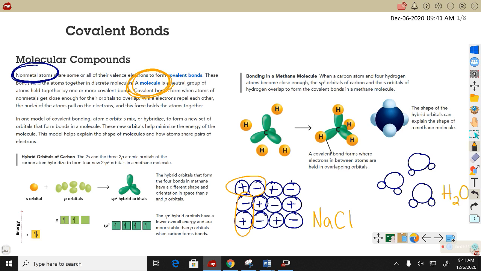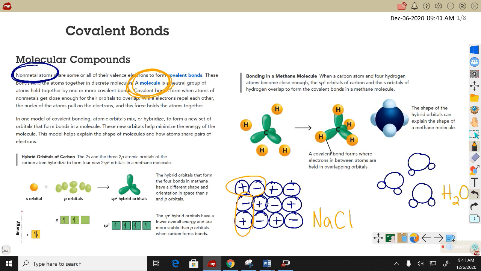Now, in order to make these covalent molecules, we're going to overlap orbitals. So earlier in the atomic structure unit, we had talked about the s orbitals and the p orbitals and the d orbitals. And while here they go into a little bit more than what we need, in that these orbitals kind of mix together to make special hybrid bonding orbitals, well, the hybrid orbital stuff we'll save for a second year course.